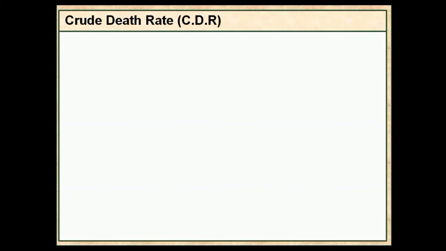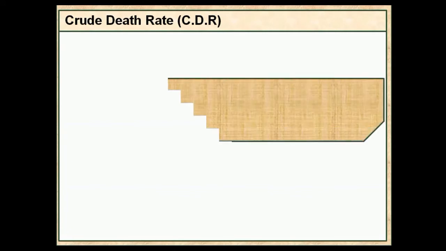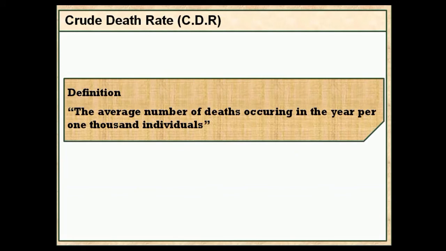Crude death rate, CDR. Definition. It is defined as the average number of deaths occurring in the year per 1000 individuals.